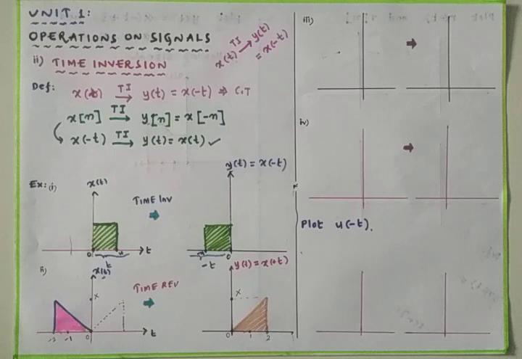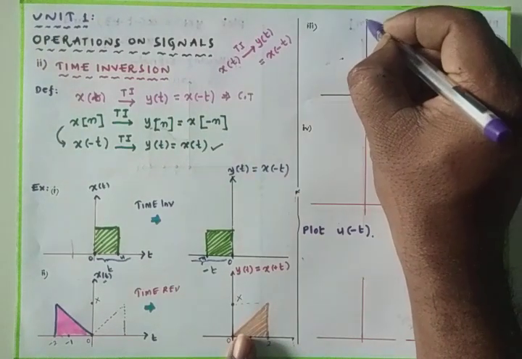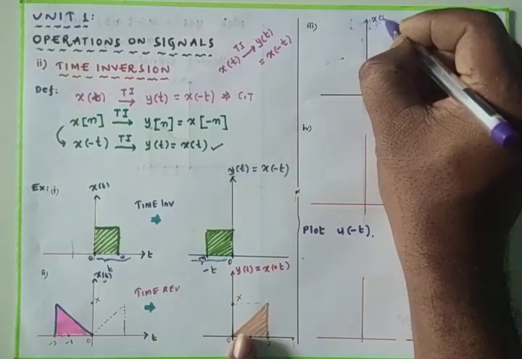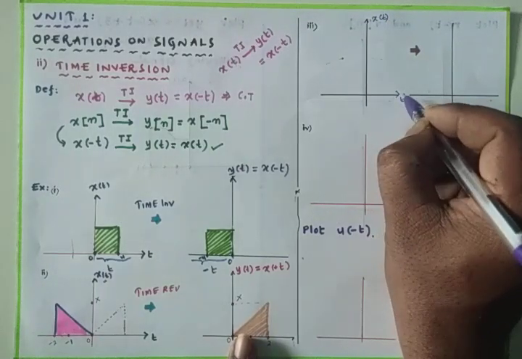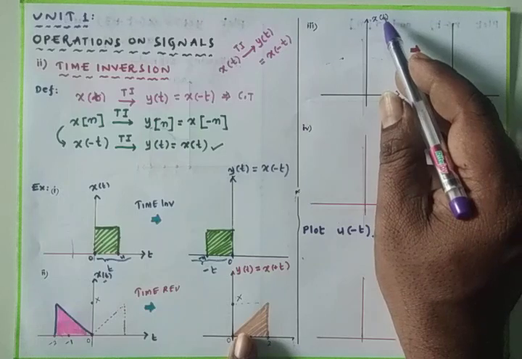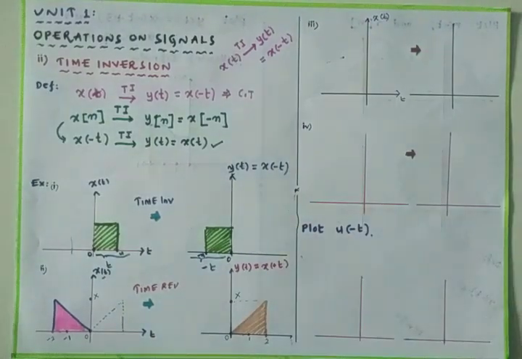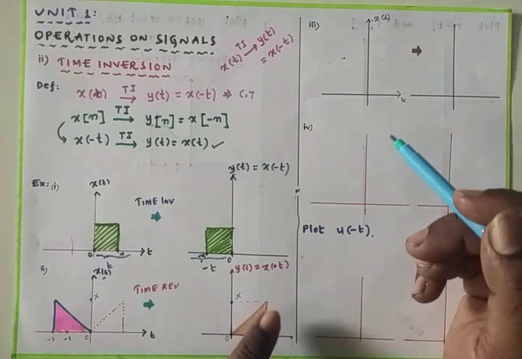Let us assume one signal, that signal I'm calling x of t. If it is x of t, this will be t. Always t must be taken on the x-axis, and x of t, that is the amplitude of the signal, must be taken on the y-axis. So I am taking the signal now.